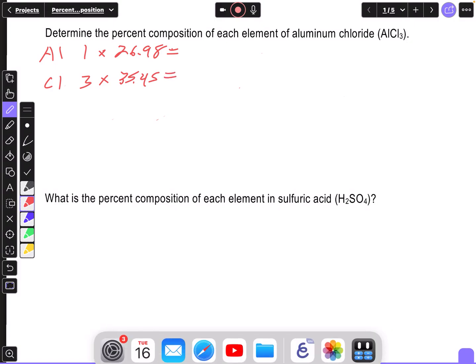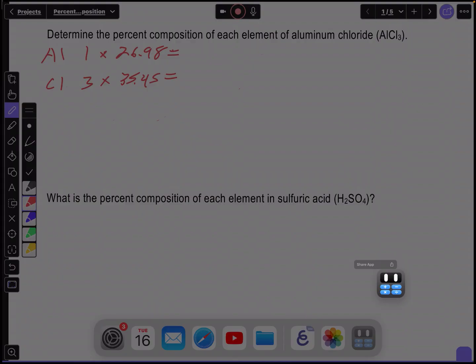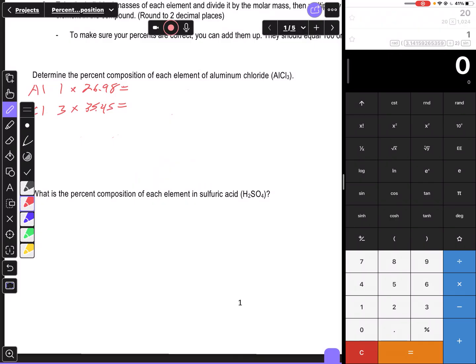So then I need my calculator. One times 26.98 is going to be 26.98, and then 3 times 35.45 equals 106.35.